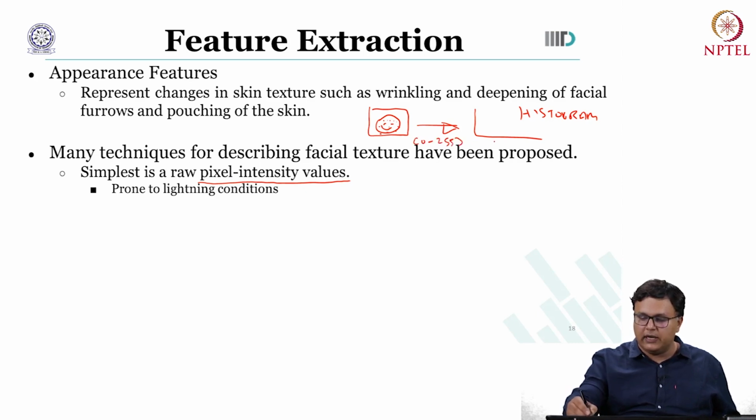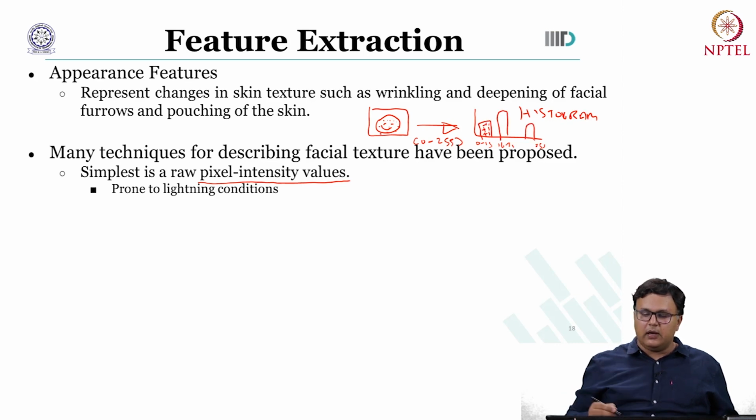So you are going to create n number of bins, so 0 to 15 for example, then 16 to 31, till 255, and you scan all the pixels and you keep on adding here, you increase the frequency. Now that is another feature descriptor based on pixels.